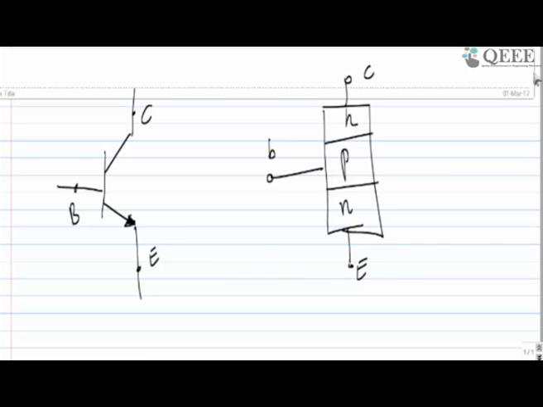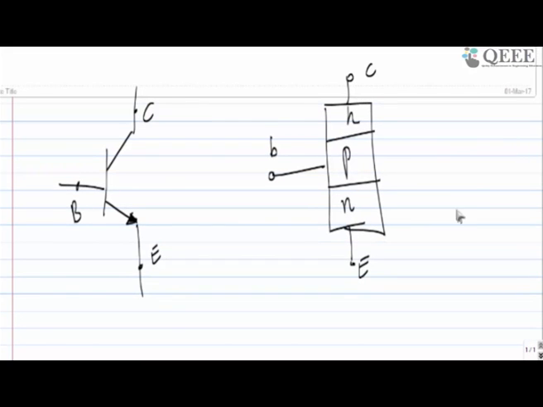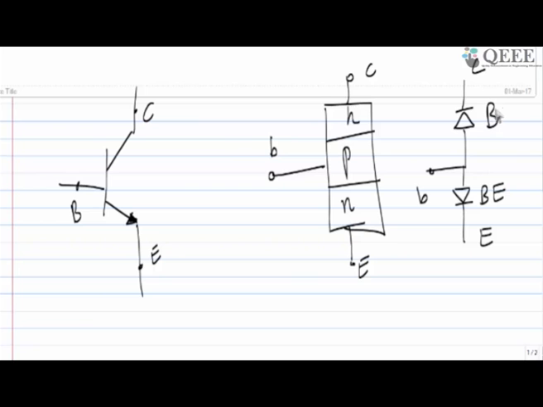So effectively there are two junctions we can see. One junction is going down towards emitter, one junction is towards collector, and we are going to define these as the base to emitter junction and the base to collector junction.